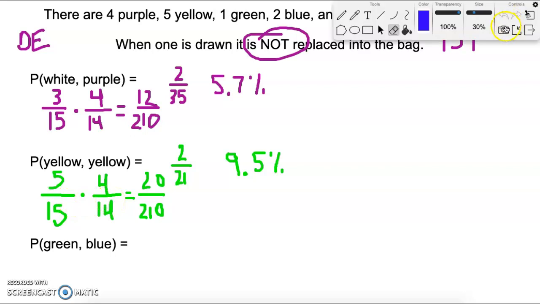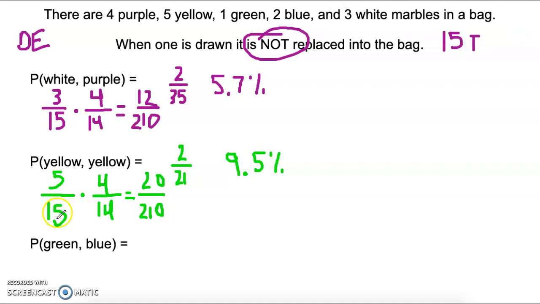All right, and for this last one, we are going to be finding the probability of drawing a green marble and then leaving it out of the bag and then drawing a blue marble. So the probability of drawing a green marble, there is 1 out of 15 total marbles that are green.